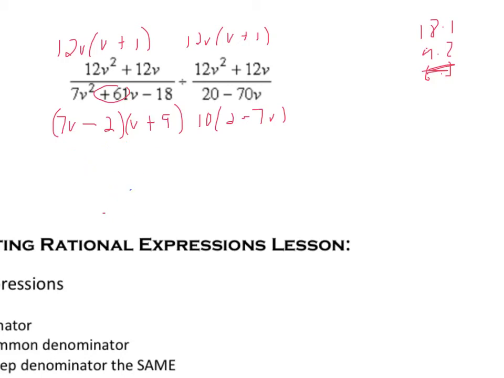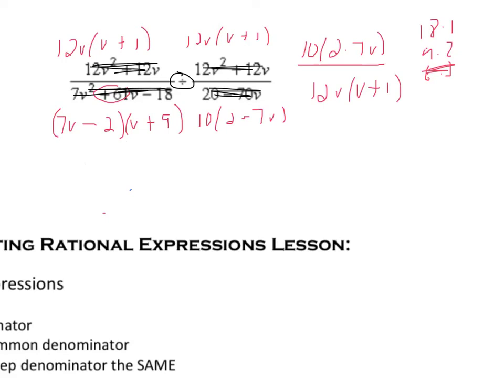So now that everything's factored, we cannot cancel yet, so we fix this and this and this and this, but now we have this problem with the division. So if we rewrite that, it'll be 10, 2 minus 7v over 12v, v plus 1.